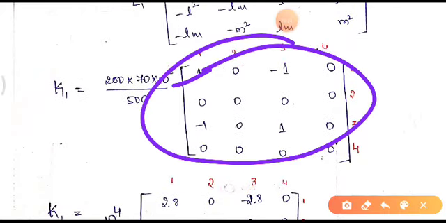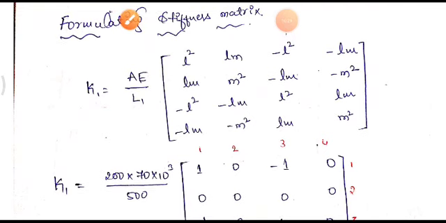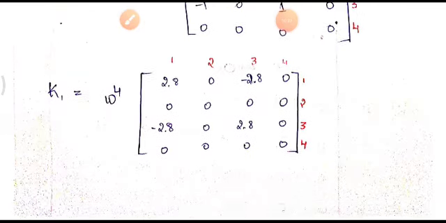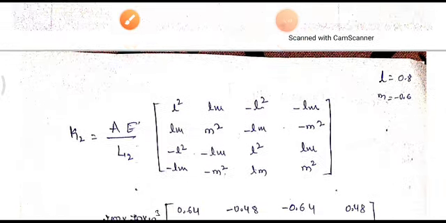These elements are nothing but direction cosines. If you multiply with these elements, you will get this answer: 10 raised to 4, minus 2.8, minus 2.8, minus 2.8. These elements we will get.